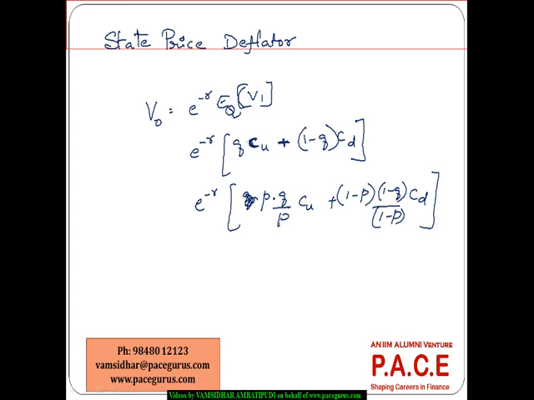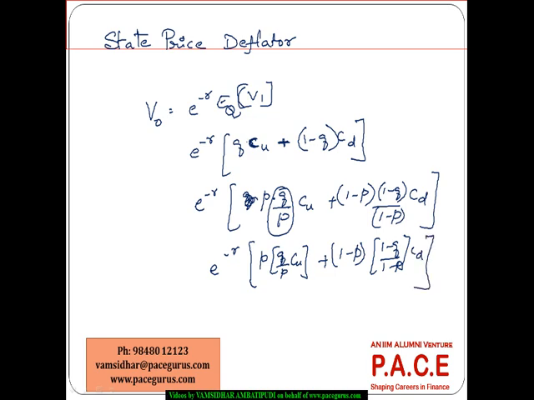So this is nothing but e power minus r times, p times some number q by p times cu plus 1 minus p times 1 minus q by 1 minus p times cd. It's again as good as saying e power minus r times some p, some 1 minus p. This is the up movement, this is the down movement.